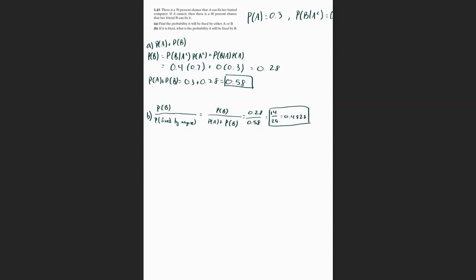To find that, you have to find the union of these two. You're given the probability of A, 0.3. To find the probability of B fixing it, you have to consider B fixing it given that A cannot, and given that A can. The probability of B fixing it given that A cannot is 0.4, given in the problem. And the probability that A cannot fix it is 0.7, the complement of 0.3.